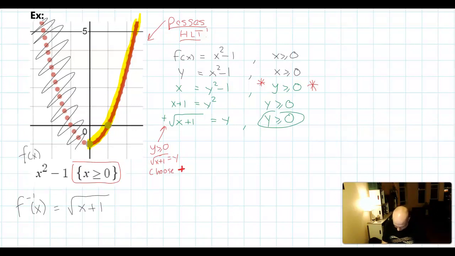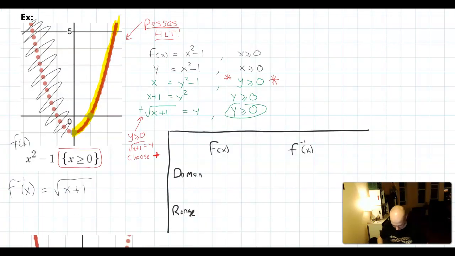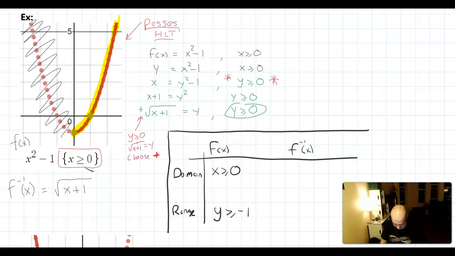And let's list some domains and ranges too. I'm going to list them in sort of a little T-chart. So for f of x, the domain was we chose x greater than or equal to 0. And just looking from the graph, the range was y greater than or equal to -1. Now for f inverse, the domain becomes the range and the range becomes the domain.